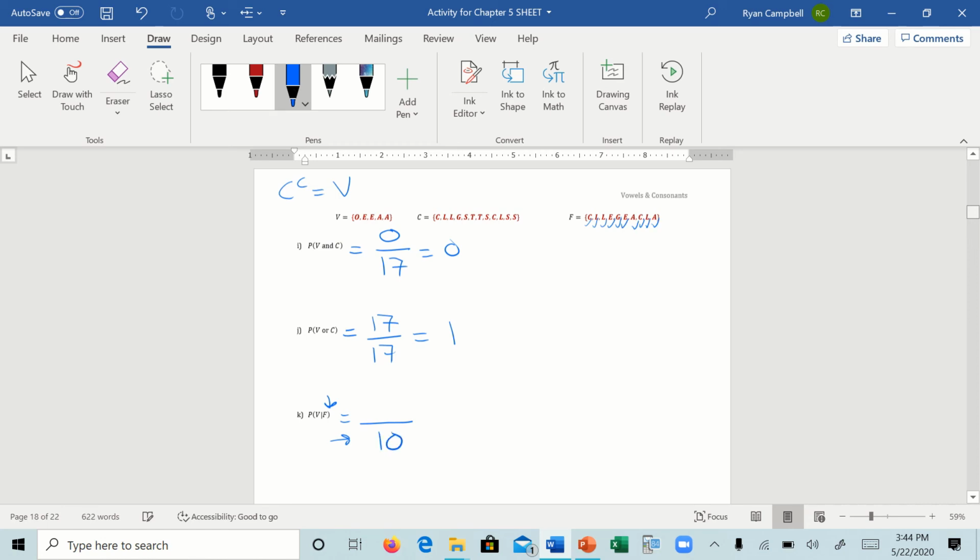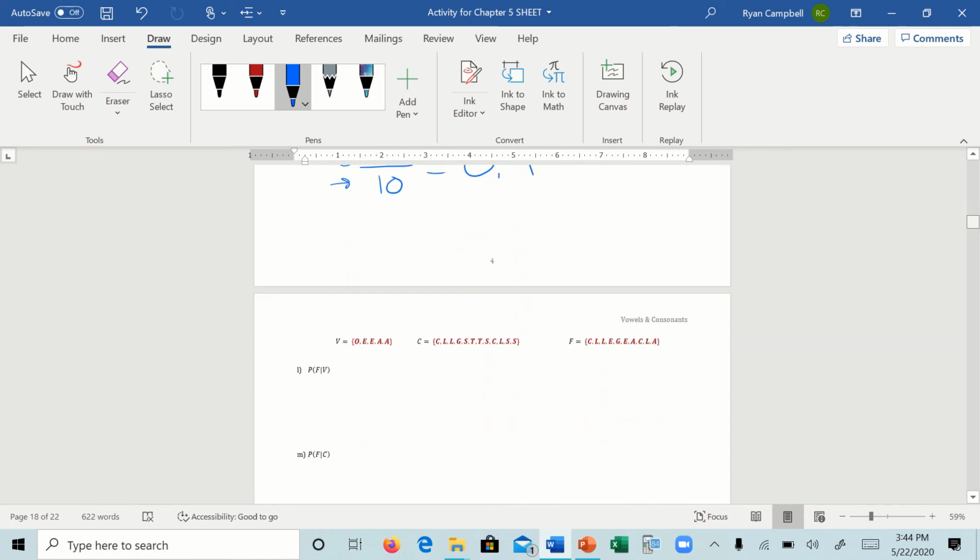So 10 is the total this time. We're not looking at all of them. We're only looking at the letters in F. So looking at the letters in F, which are vowels? What are all the vowels in F? So we see that there's 1, 2, 3, 4. So 4 out of 10, which is 0.4.